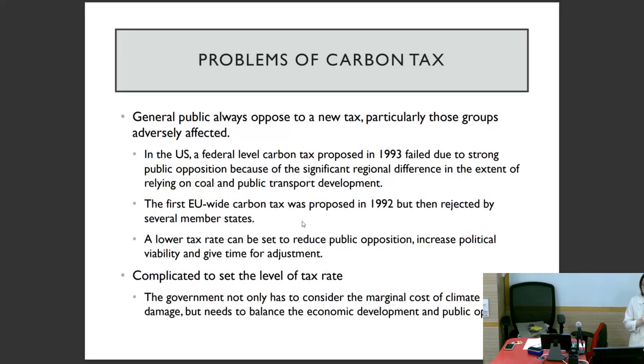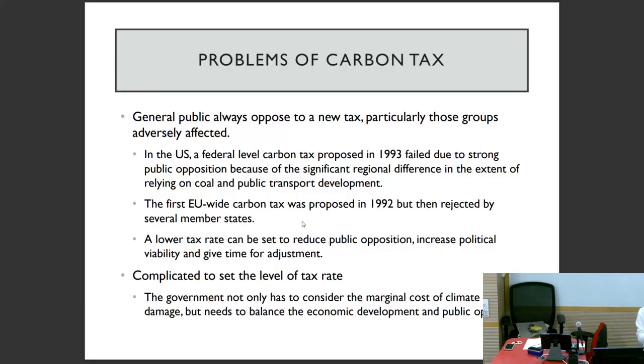Okay, problems of carbon tax. So just like earlier in Hong Kong, the government proposed to enforce a municipal solid waste charge, right? So the more rubbish that you throw away, then the more money that you have to pay. So that is a kind of tax on the refuse or on the garbage.